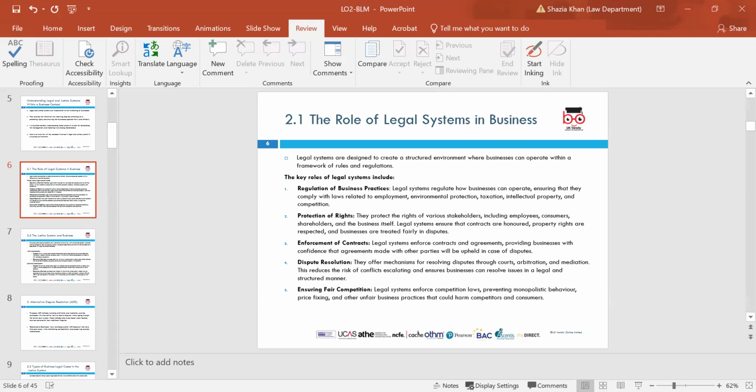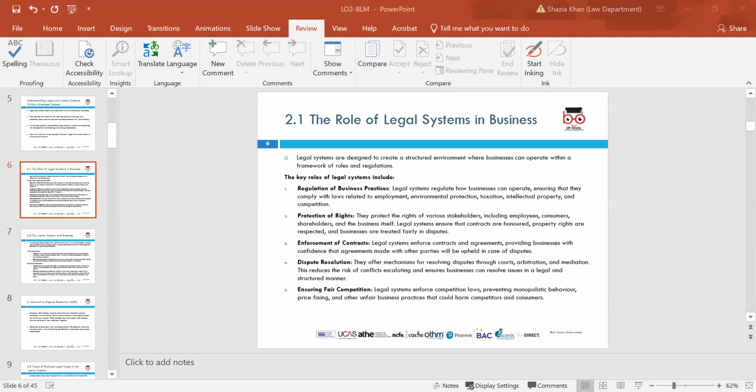The key roles of legal systems in regards to businesses are things like regulation of business practices, and protection of rights, which we looked at in regards to how rights are protected for individuals, and the importance of business law for stakeholders and employees. Then enforcement of contracts, which we looked at in Learning Outcome 1, in regards to how a contract is enforced or breached.